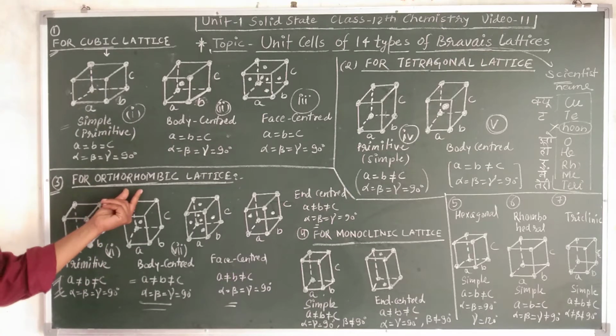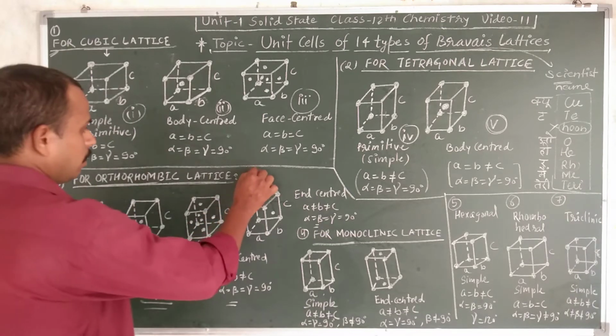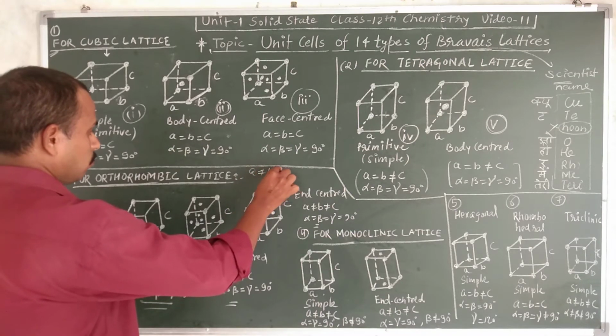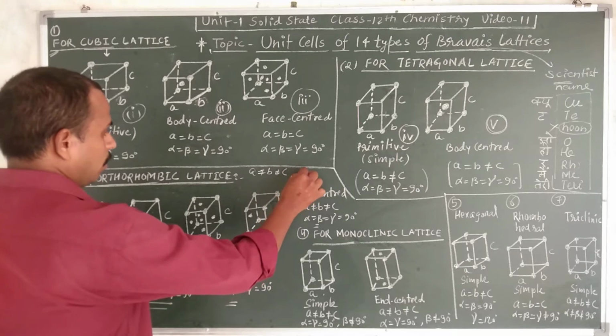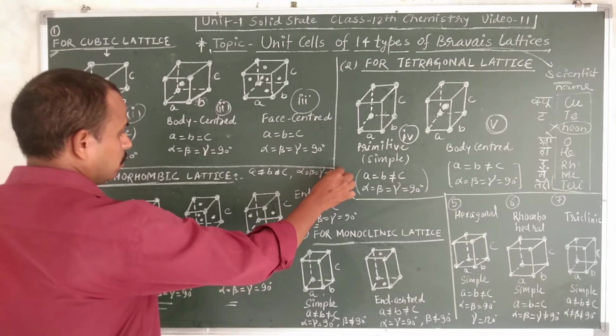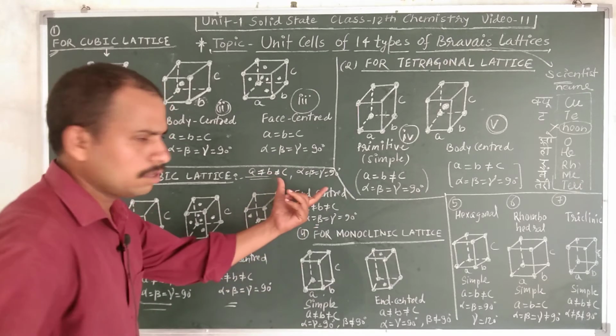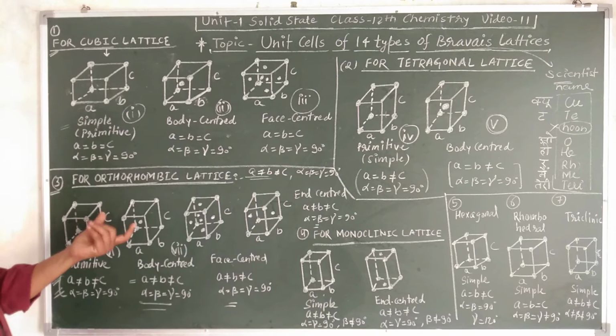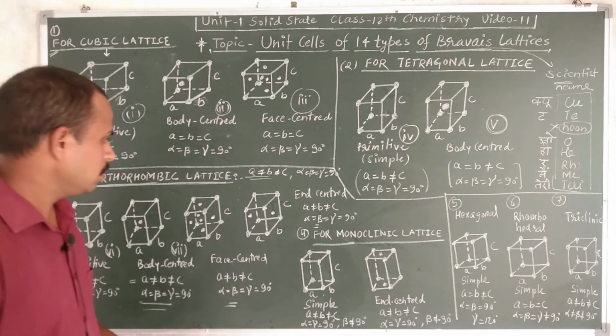So for orthorhombic, A does not equal B does not equal C, and alpha equal beta equal gamma equal 90 degrees. So this is the common thing for all the variations if we talk about the orthorhombic lattice.